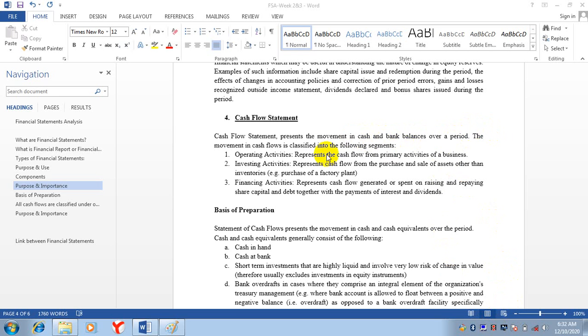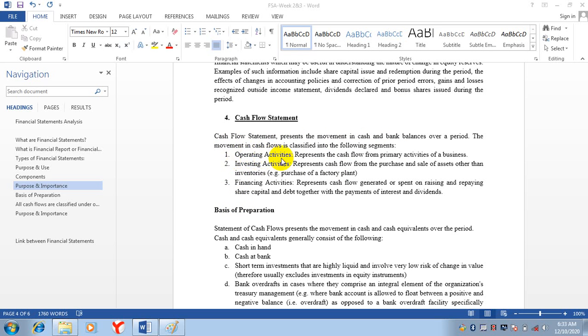It will tell us just about changes in cash, how much cash is coming, how much cash is going, nothing else. The movement in cash flow is classified into the following 3 segments. We are dividing the statement of cash flow into 3 segments.